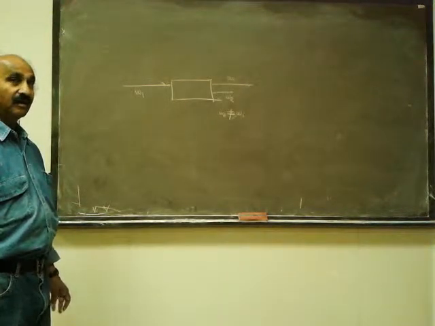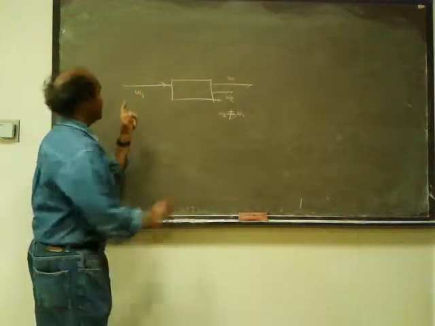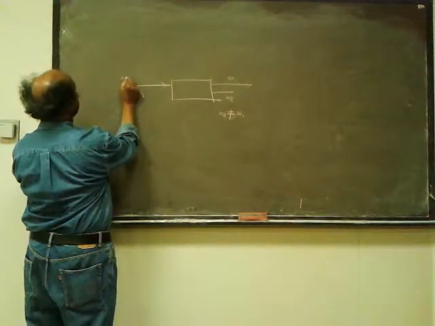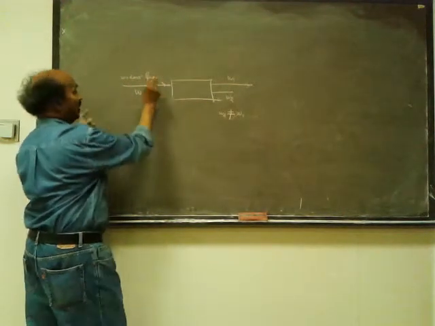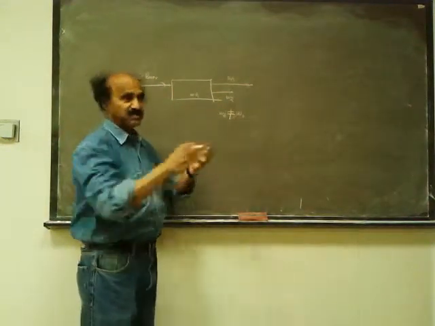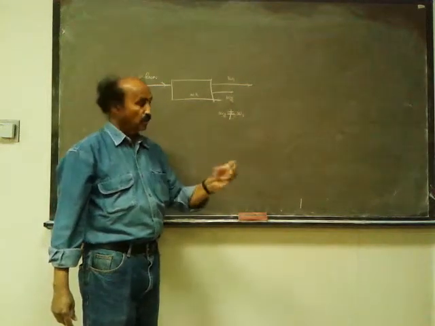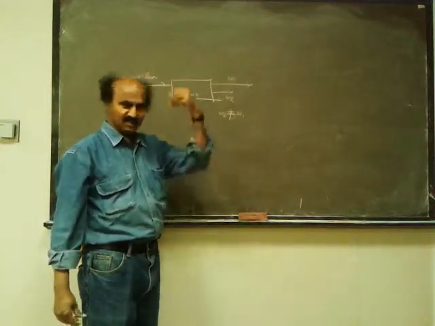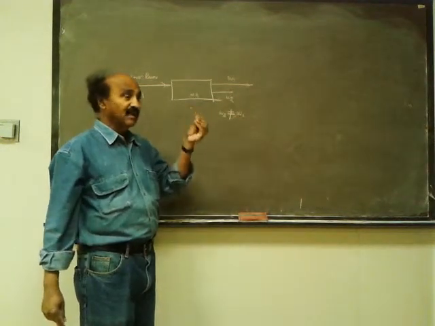Omega 1 is the incident light, incident laser. There is omega 2, which was there inside the material. It is a vibrational frequency of the medium, rotational frequency, or some frequency, we don't care. It was there, very weak.